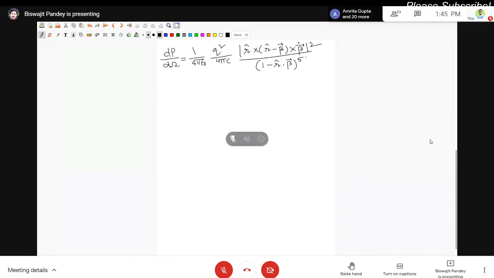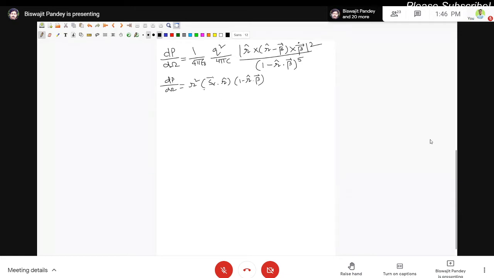5, because this was 6 and you have to multiply with 1 minus r cap dot beta, if you remember. Because dP/dOmega, what was dP/dOmega? Let me just remind you. Probably I forgot to cancel this power. dP/dOmega is r squared, and then r squared is r dot r cap, into 1 minus r cap dot beta, right?